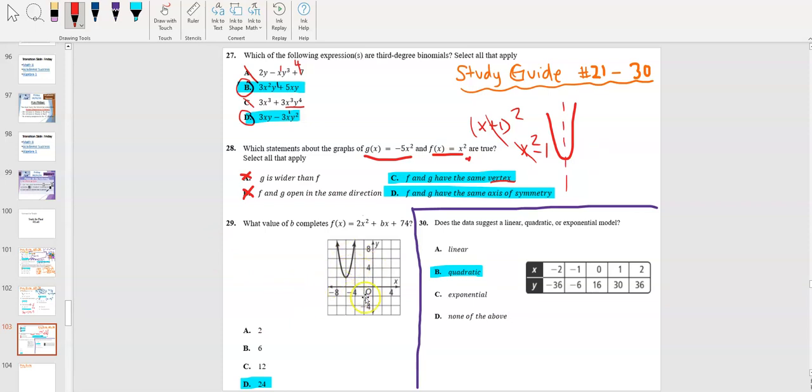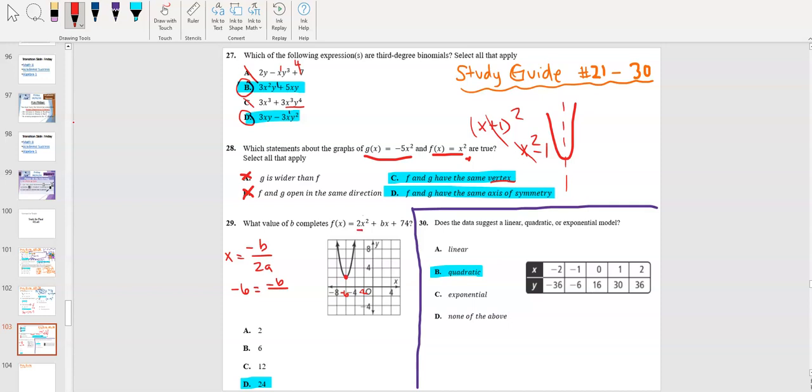29, we're looking at this. We've had one of these on our test before. We're using the x equals -b over 2a formula. This is where I'm getting my information for x. So we know that x, and look at the scale, this is -6. This is -2. That's -6. So -6 is x. We don't know what b is.